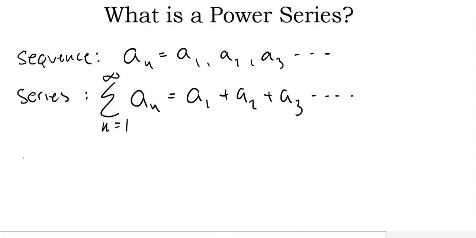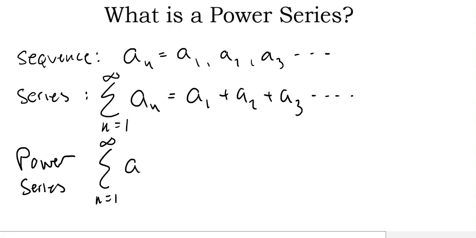Finally, this leads us to our new concept of a power series. And a power series would look something like this. We're going to have a variable x minus some number c raised to the n power. So n is the exponent or the power of x.